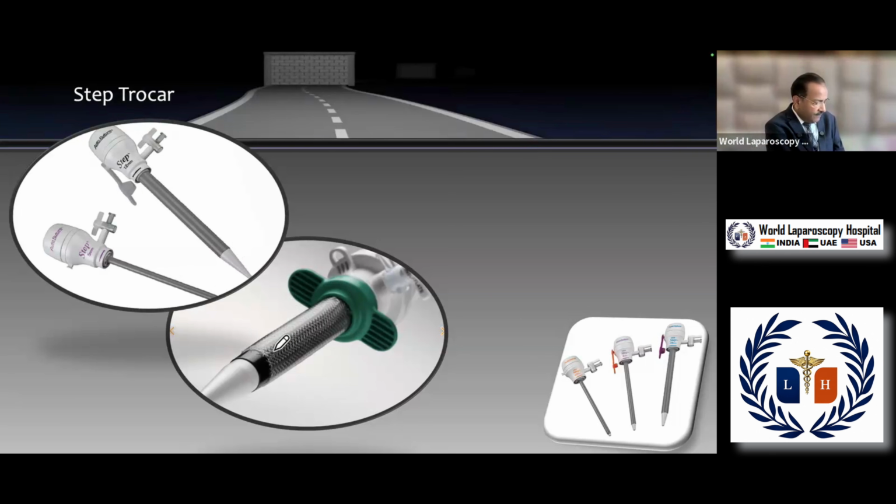Reusable means metal. If you are reusing disposable, that is not recommended. Reusing disposable is not allowed, and here you cannot anyway, because the outer sheath will break. That is called a step trocar.